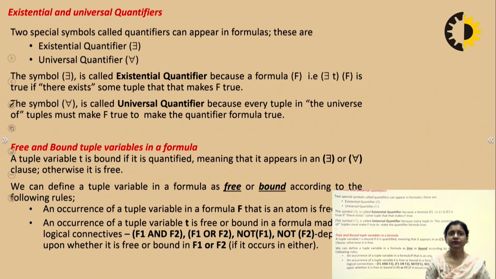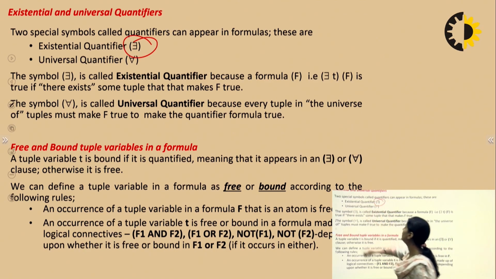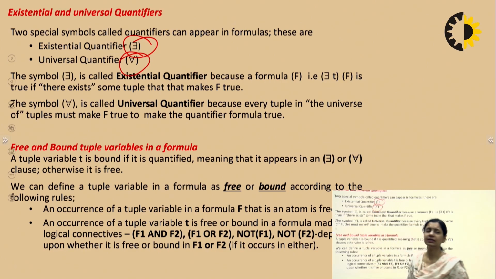Now we have the universal and the existential quantifiers. Existential quantifiers are denoted with the there-exists sign, and the universal quantifiers are denoted with the for-all sign. Existential quantifier is where we say that some things exist which follow a particular condition.